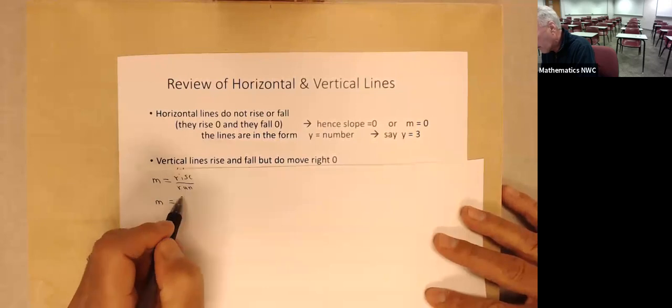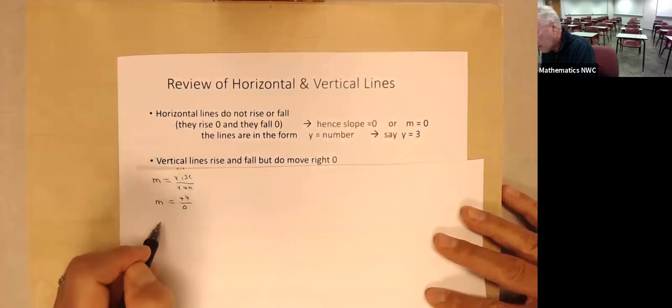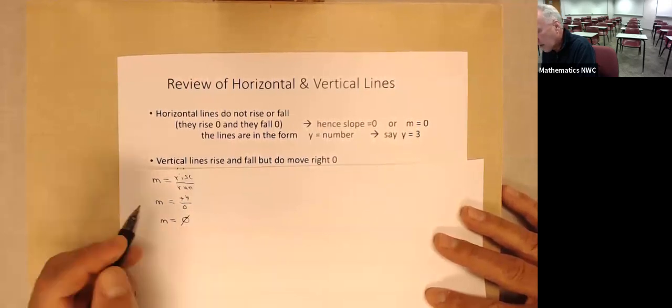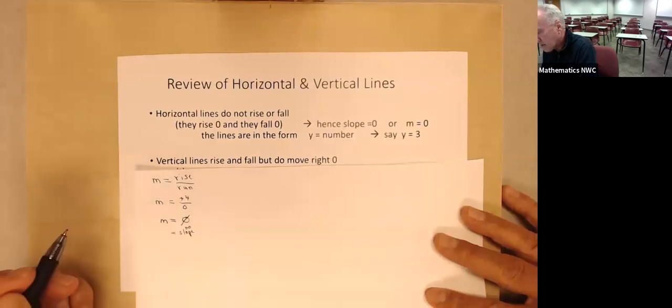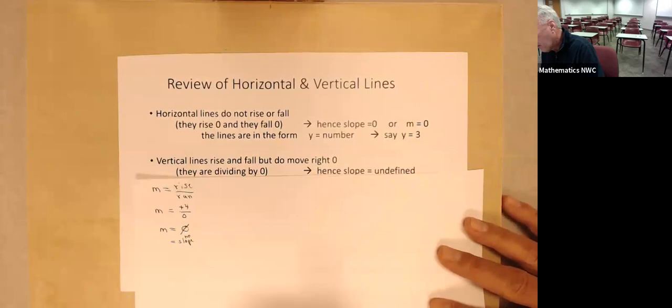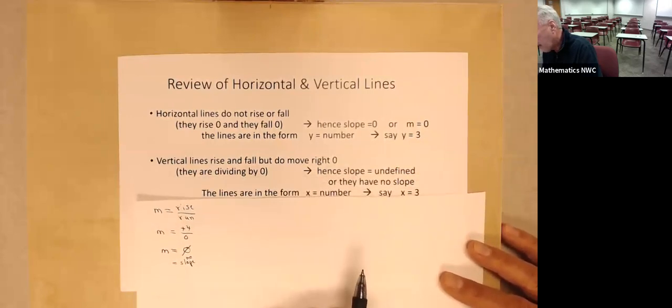I'll make up a number here, just say 4, but it did not run to the right or left, which meant I was dividing by 0. That means that I have no solution for the slope, or we say there's no slope in that situation. We're dividing by 0, hence our slope is undefined, or we say they have no slope.